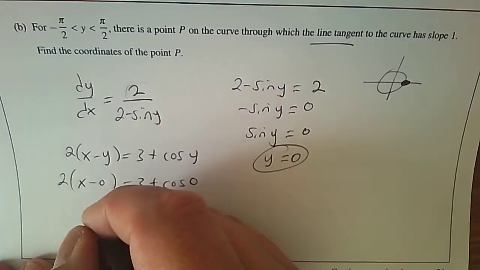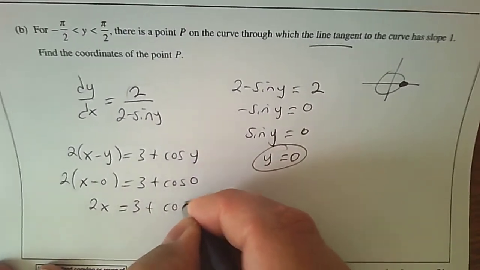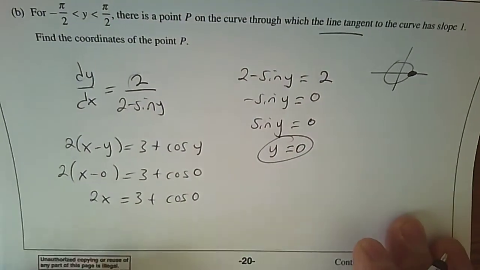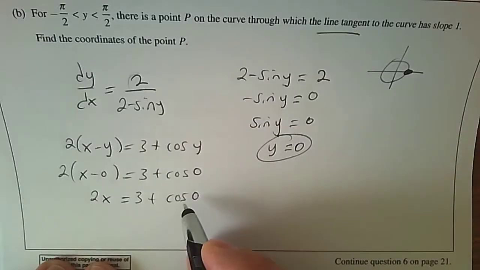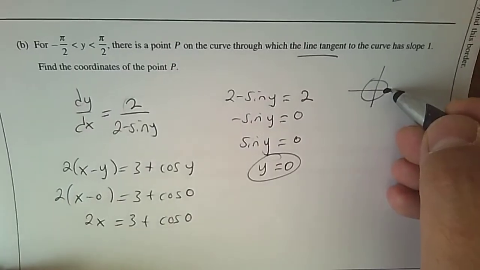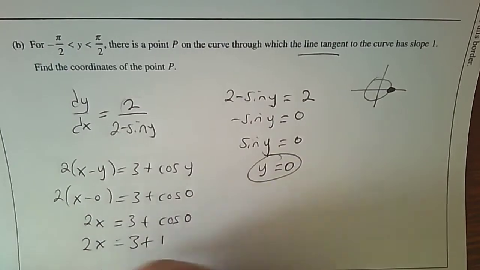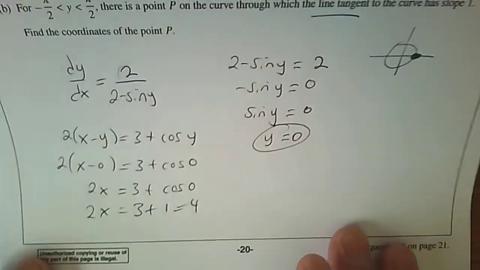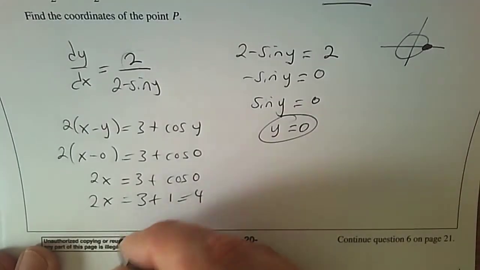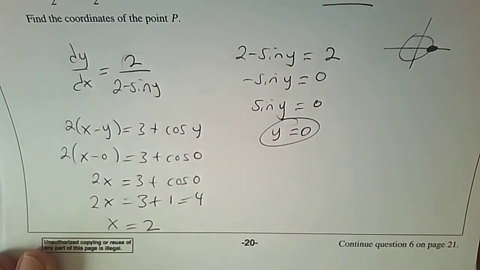So to solve for x here, I'm going to distribute. Now, the value of cosine at 0, what's the x value there? And it's positive 1. So 3 plus 1 is 4. Divide by 2. And what does x equal? In this case, x equals 2.